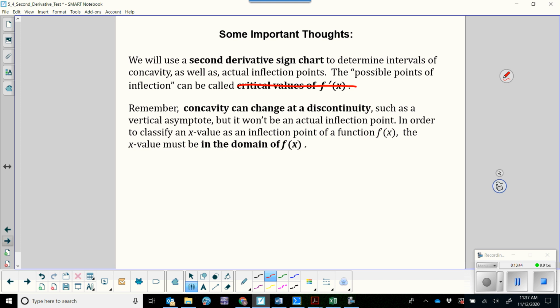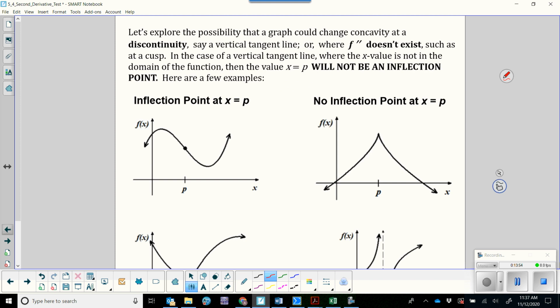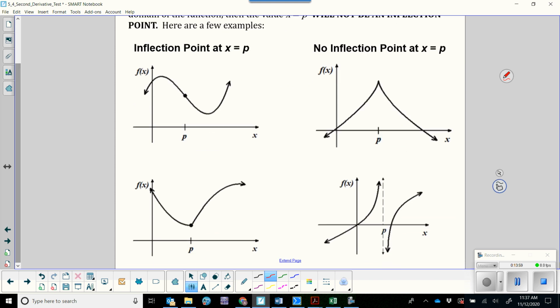Concavity can change at a discontinuity, but then there can't be an inflection point. So remember how we do our sign charts, and we'll write undefined at the top, and then we have to be careful to make sure that the graph has that. And so where we would see that is this example that we kind of skipped over. If you look at this graph right here, you have concave up on both sides.